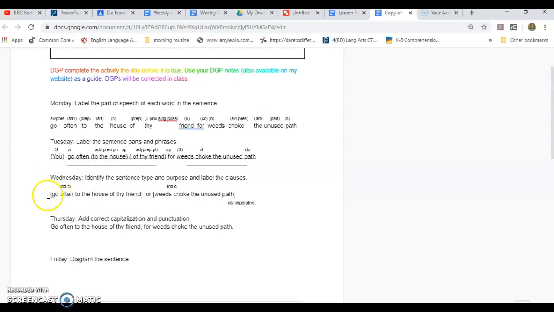All right. So that's Monday, that's Tuesday, Wednesday. It's simple. So if you have a subject and a verb and a complete thought, what does that make it? Very good, an independent clause. So you're going to put those in brackets, right? Well, on the other side, we also have a subject and a verb and a complete thought.